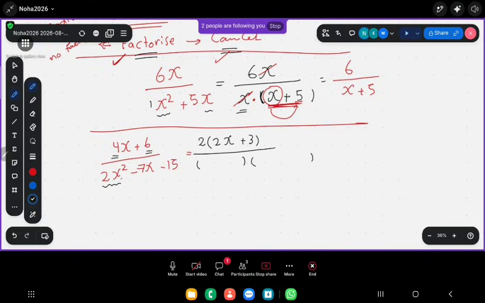I want to split 2x squared into two terms. If I multiply them together, they will give me 2x squared. Of course, it must be 2x and x. Here, I want to split this 15 into two numbers. If I multiply them, it's going to make 15. Can I factorize 15 into 5 multiplied by 3? Yeah, I can factorize it into 5 times 3 or 3 times 5.